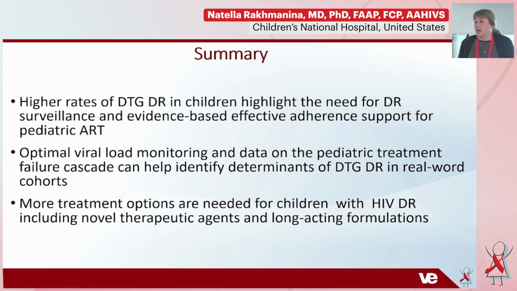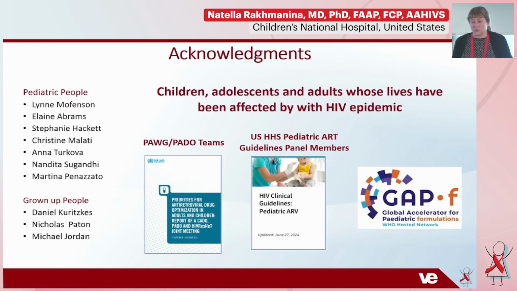We need to scale up and optimize viral load monitoring, and we need to track the treatment failure cascades in the countries for pediatric treatment failure to identify what is the culprit of our DTG-DR. And finally, for those with resistance, we do need more treatment options for children, including them in therapeutic novel agents trials, and long-acting formulation development for children.